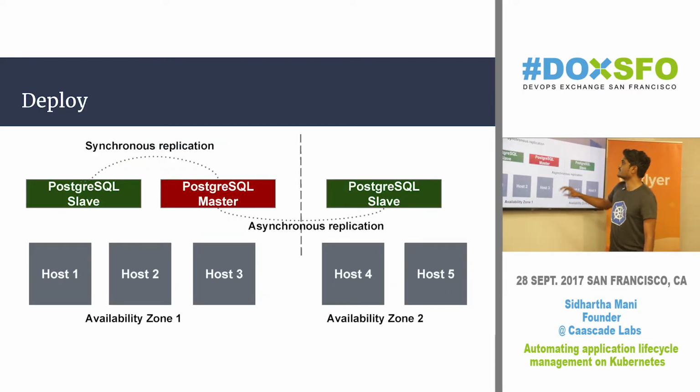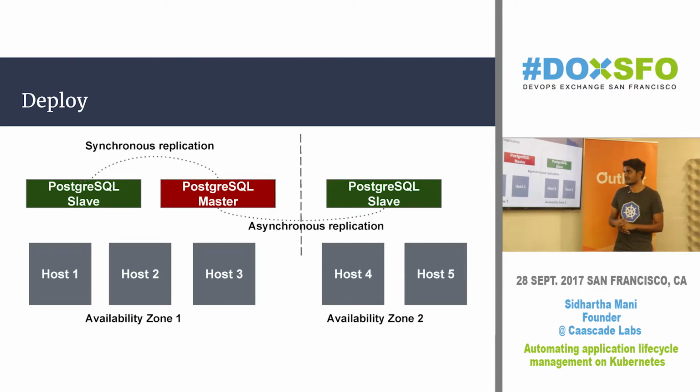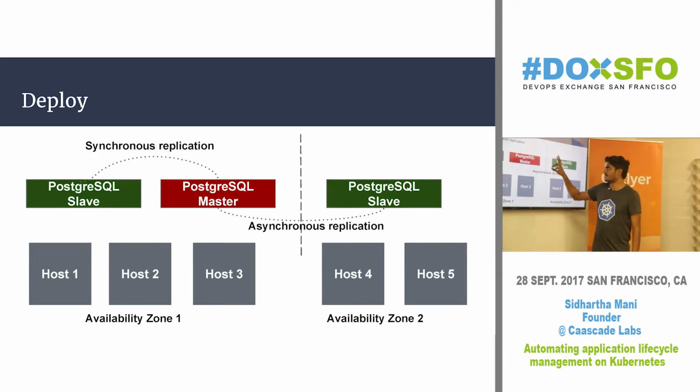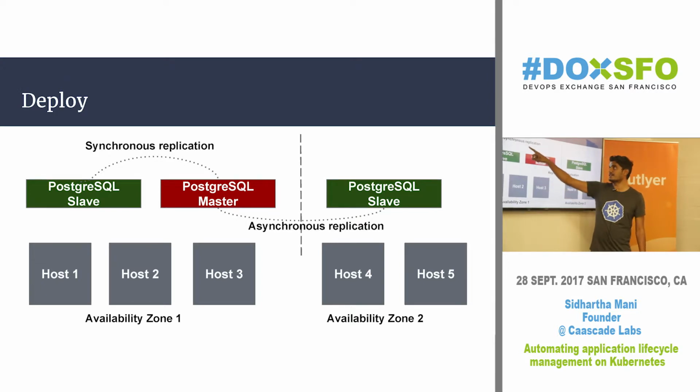So the way deploy works is there are a set of hosts, and these hosts run PostgreSQL. I've divided these hosts into two availability zones for high availability, and the master replicates with the slave in the same availability zone in a synchronous fashion.